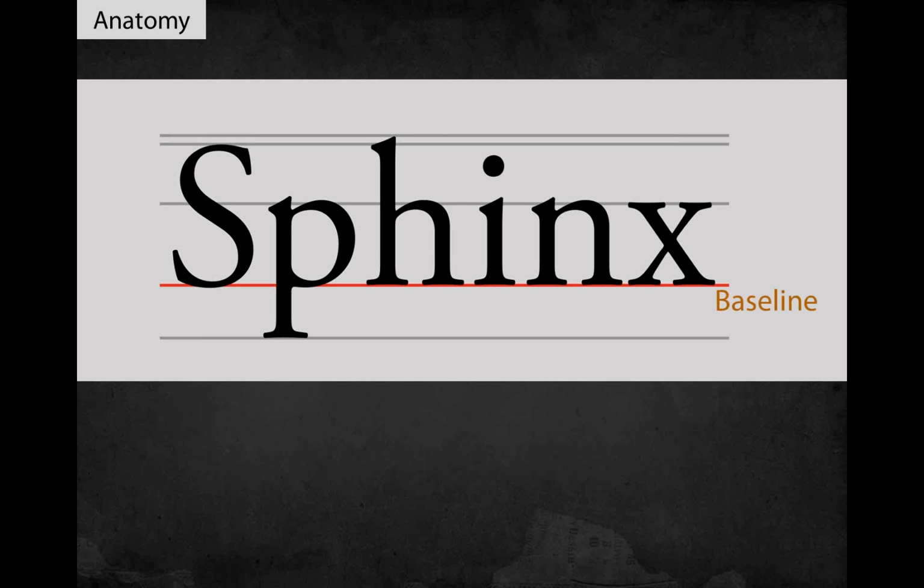So in this typeface, notice that in this word, the P and the S come down a little bit below the baseline. The middle line is the mean line, and the X height is often used as a measurement. It's the size of X and where it lands on the mean line. The cap height goes above the mean line to the top line.